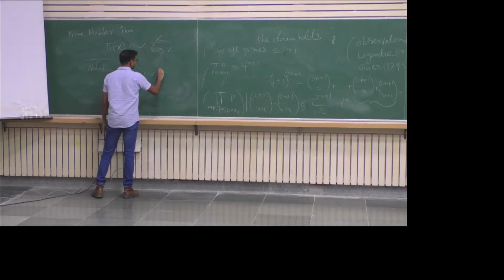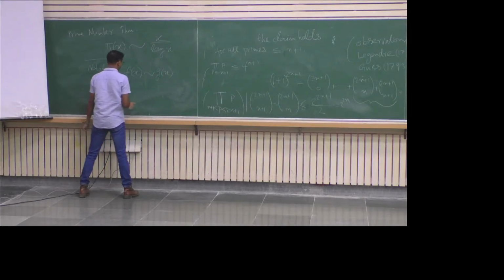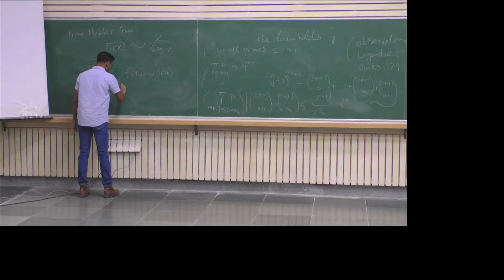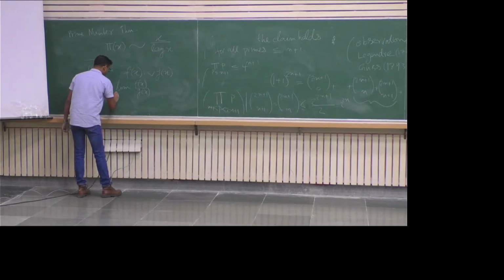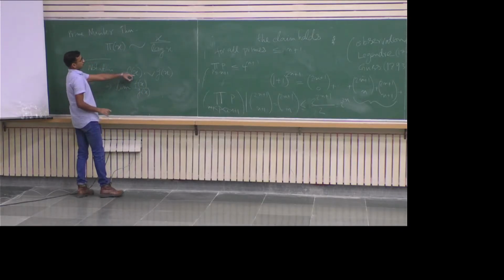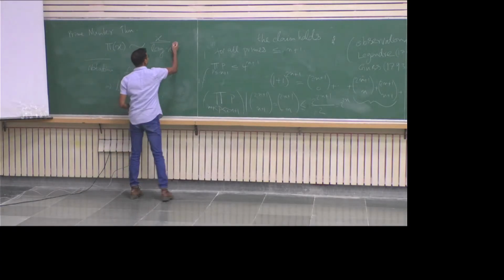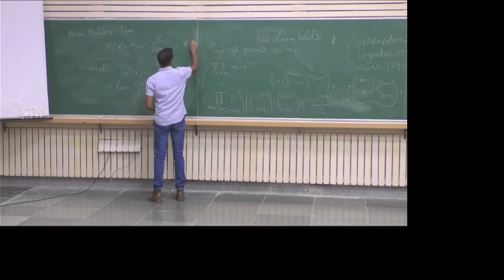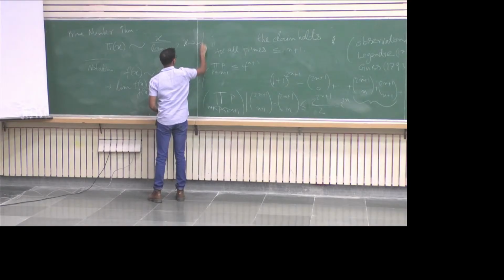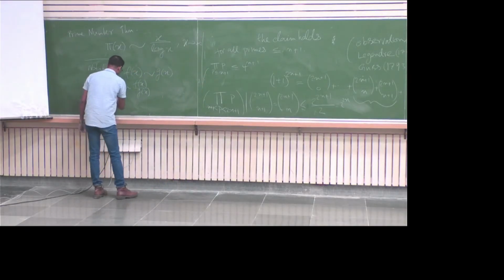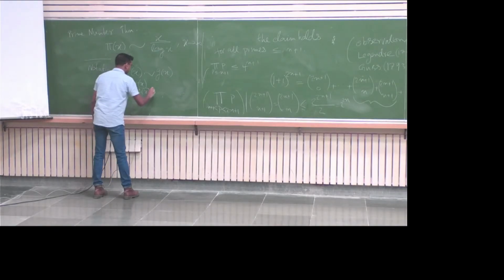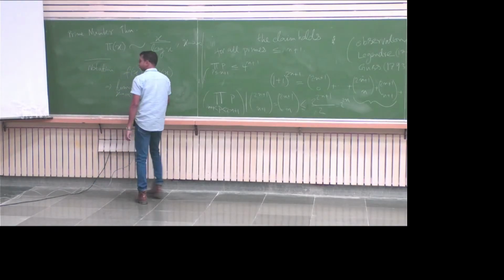If f(x) is of the size g(x), that means that the limit of f(x) by g(x), where of course what is assumed is that x is going to infinity, as x goes to infinity is equal to 1.